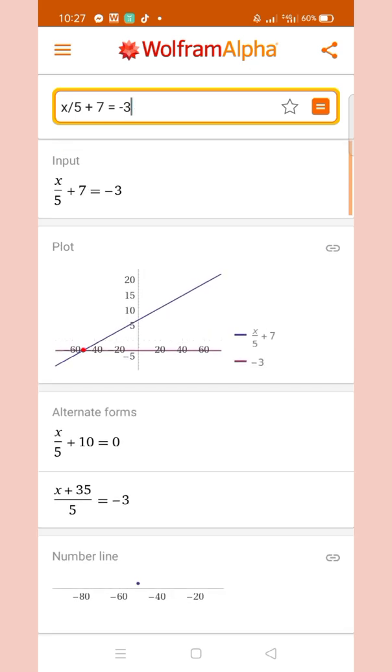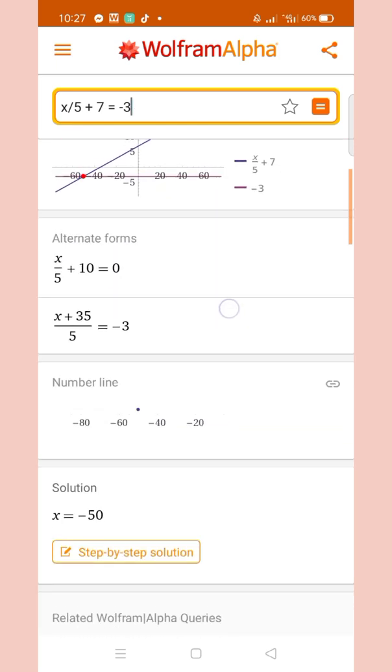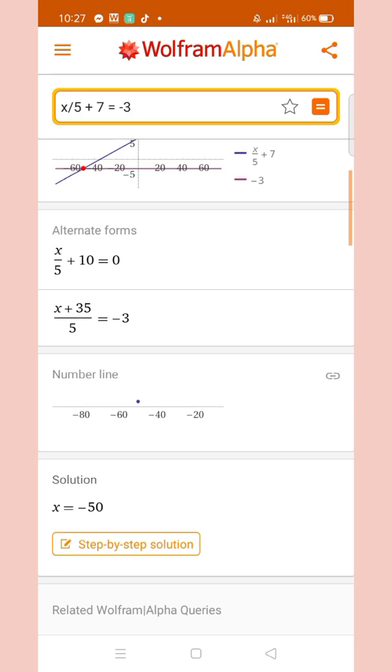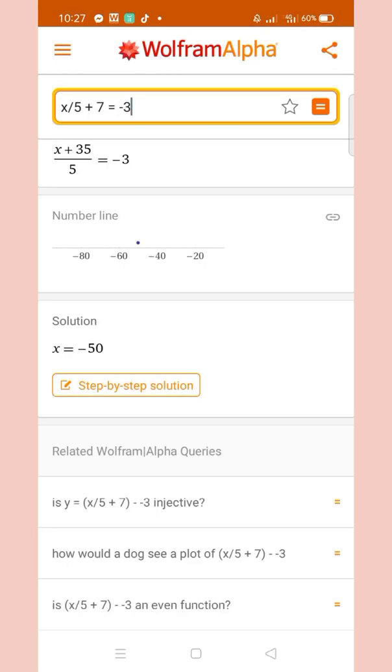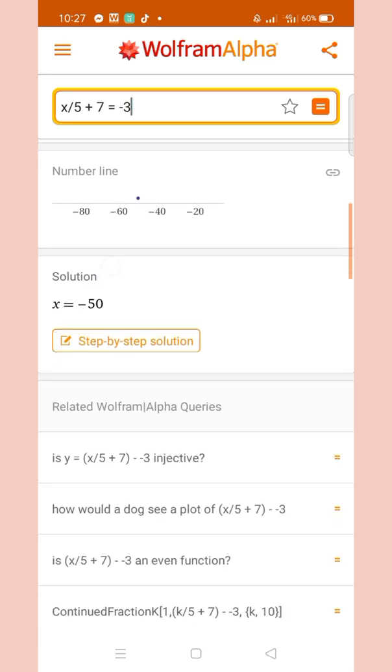So we put the equation x over 5 plus 7 equals negative 3. Then there is also a plot and alternate forms. x over 5 plus 10 equals 0 and x plus 35 over 5 equals negative 3. So there's also a number line and the solution. So the answer is x equals negative 50.